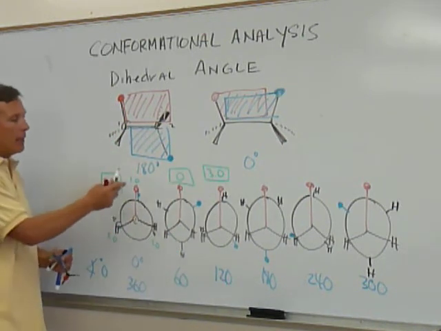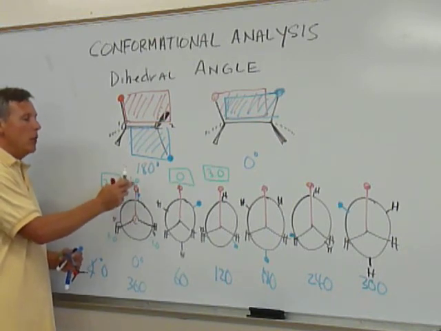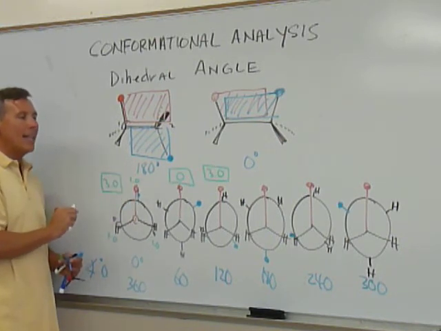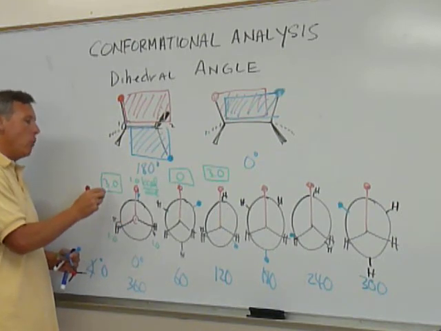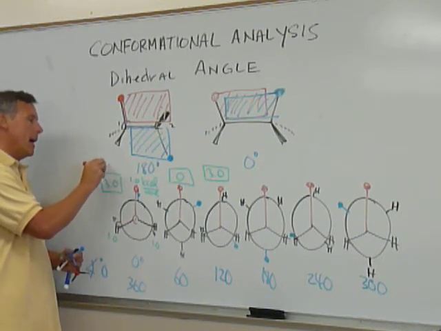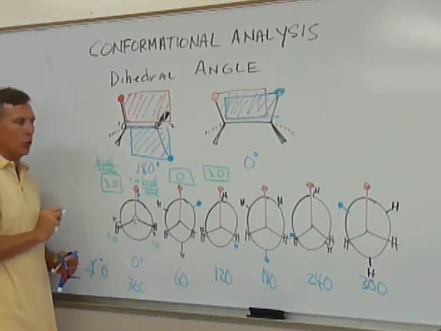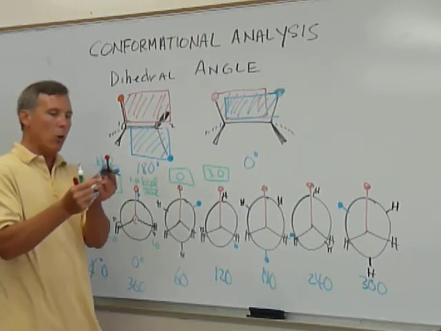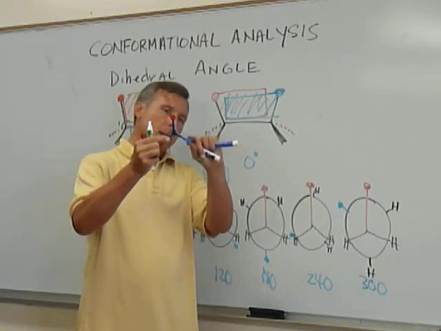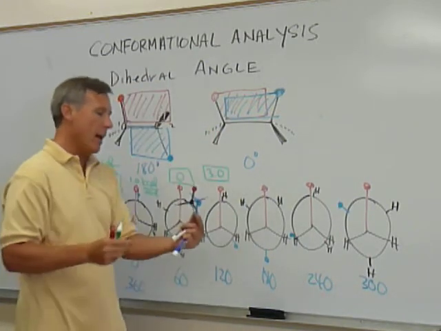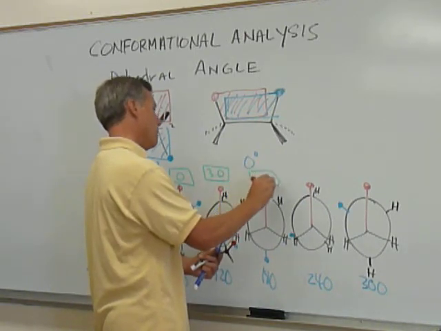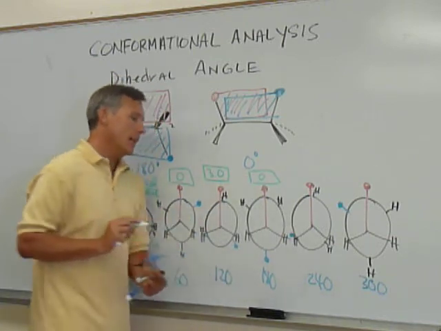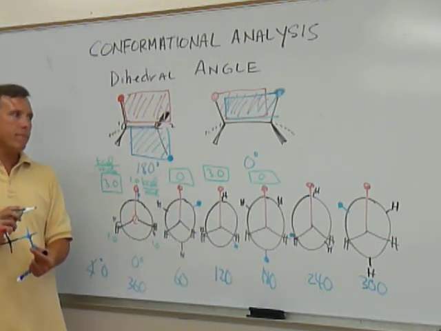Again, eclipsing hydrogens, you want to remember, is worth 1.0 kcals per mole for a total of 3.0 kcals per mole of torsional strain. If we rotate another 60 degrees, we have our anti-conformer that has 0 kcals of torsional strain.